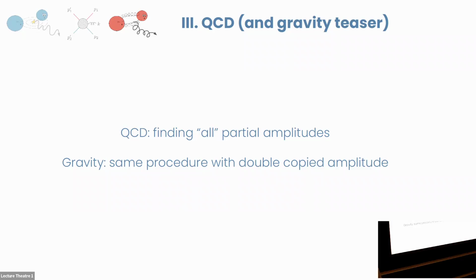Of course, we don't care about all of them, but it's not so complicated to set up the rest of the calculation. Then for gravity, we already have these graphs that we can double copy to get the gravity results, and we've also removed the dilatons. So you can do the same thing with the gravity amplitude, and that should give you the gravitational waveform.